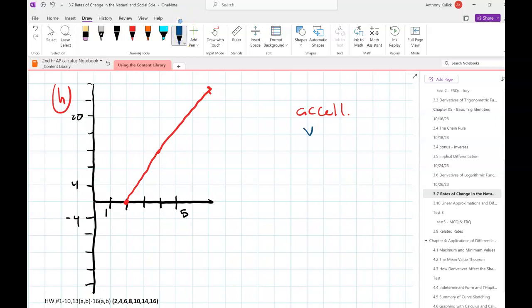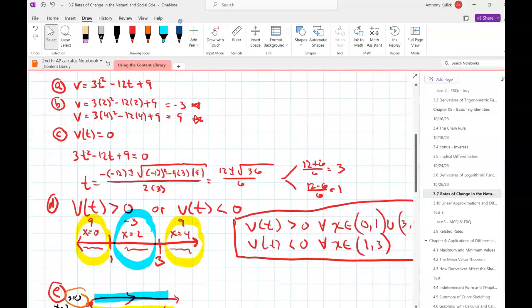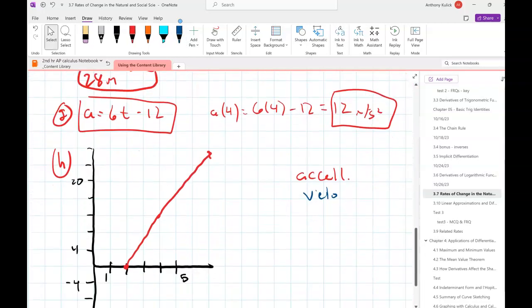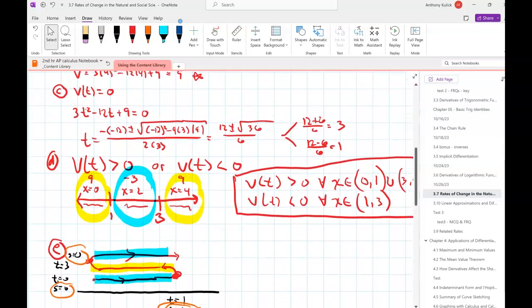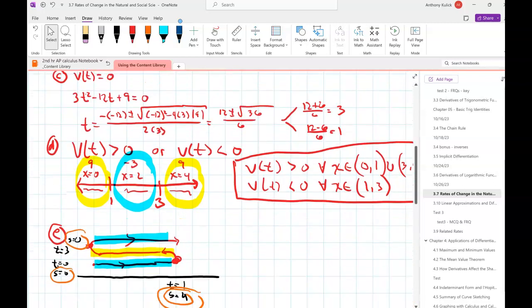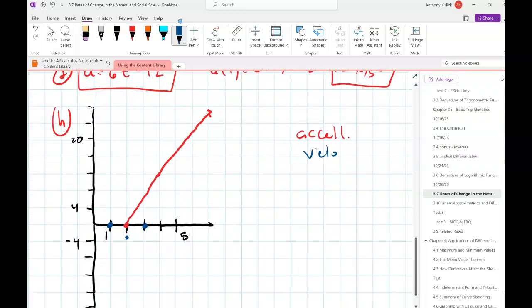Okay, let's do velocity in blue. So we know that we have x-intercepts at 1 and 3. And then we know at 2, we're at -3, and at 4, we're at 9. And at 0 we're at 9 for sure.